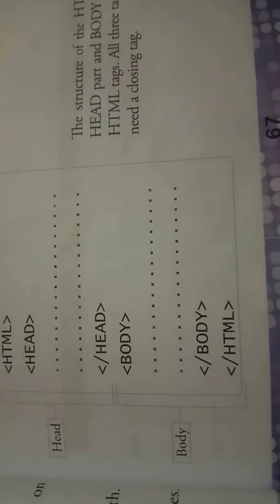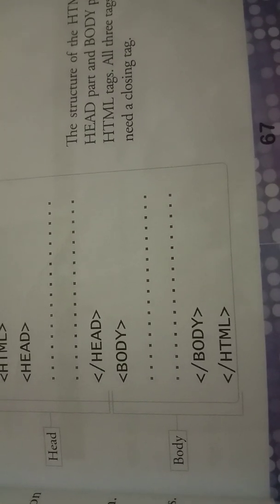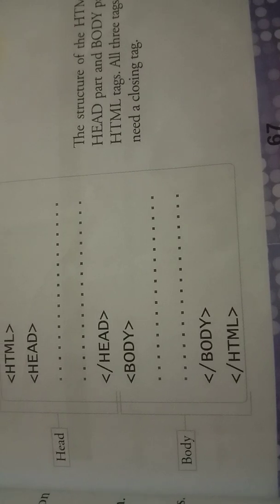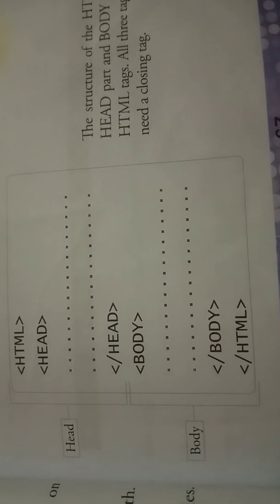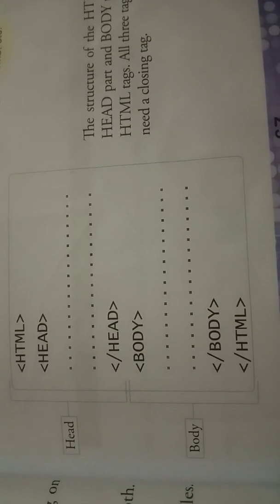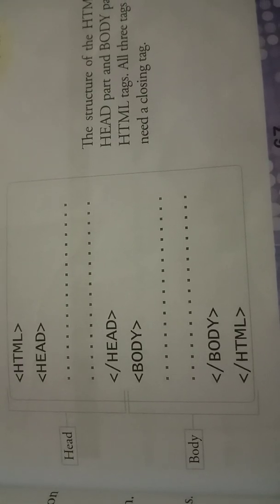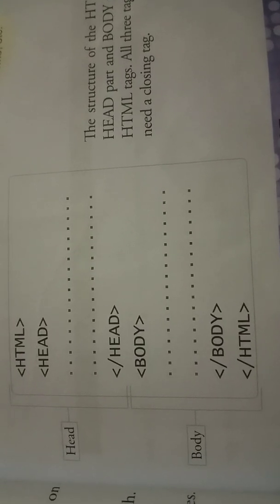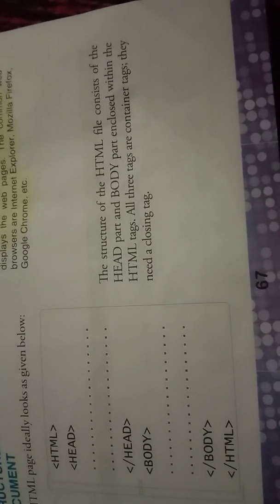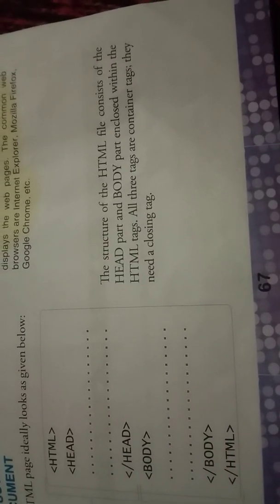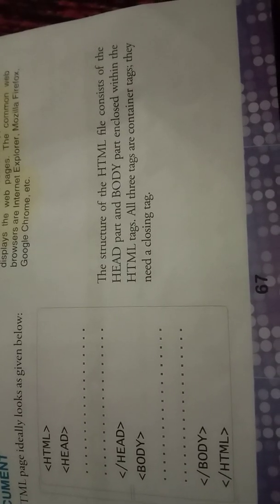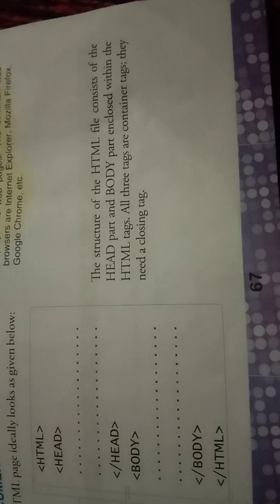Right, the body starts, then the body is closed, then at last we enclose the HTML. Why are we closing the HTML? Because the HTML language is going to be off. Right, so this one is the structure of HTML. The statement says the structure of an HTML file consists of a head part and a body part enclosed with the HTML tag.